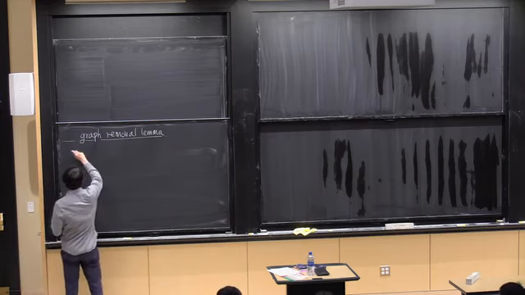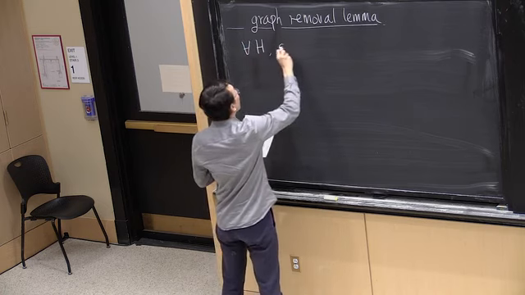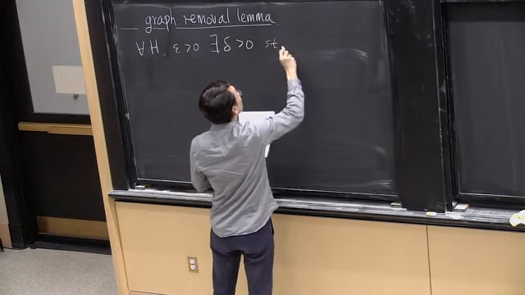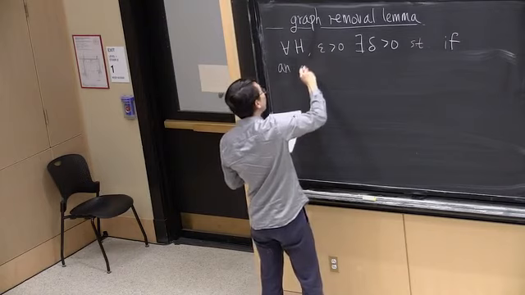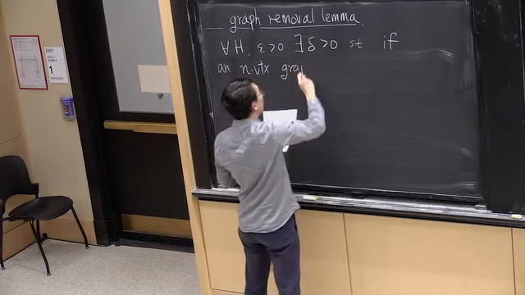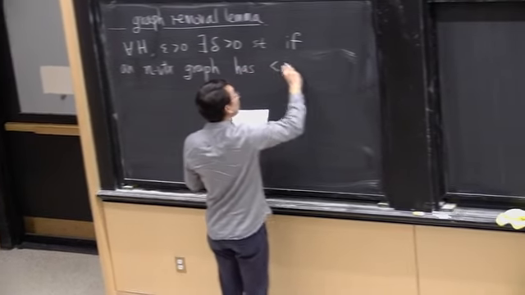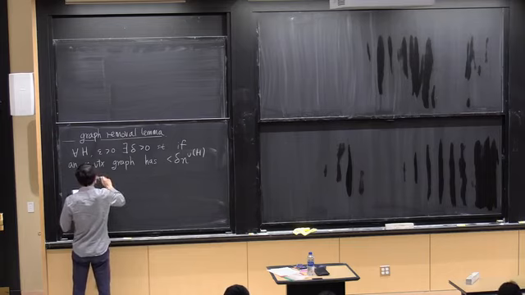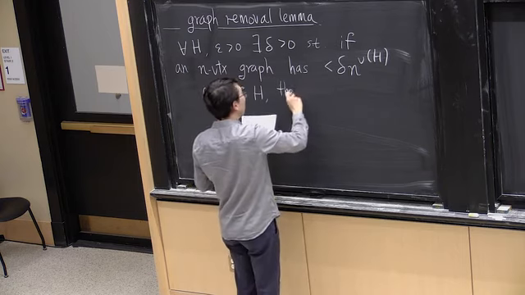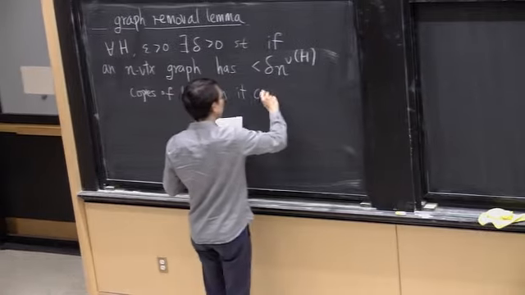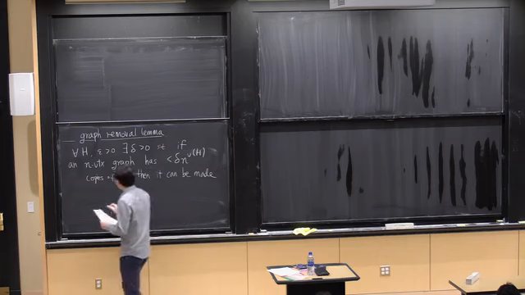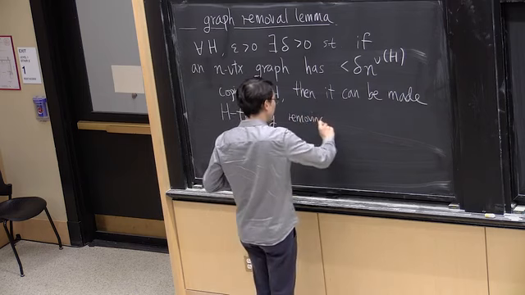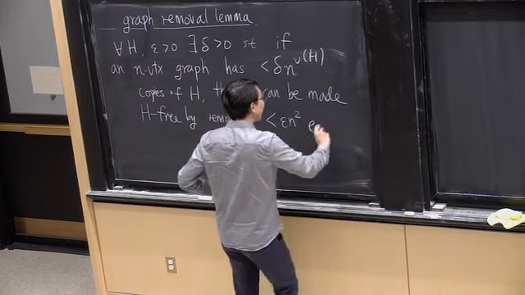In the graph removal lemma, we have that for every graph H and epsilon bigger than 0, there exists some delta such that if an n-vertex graph has fewer than delta n to the number of vertices of H many copies of H, then it can be made H-free by removing fewer than epsilon n squared edges.